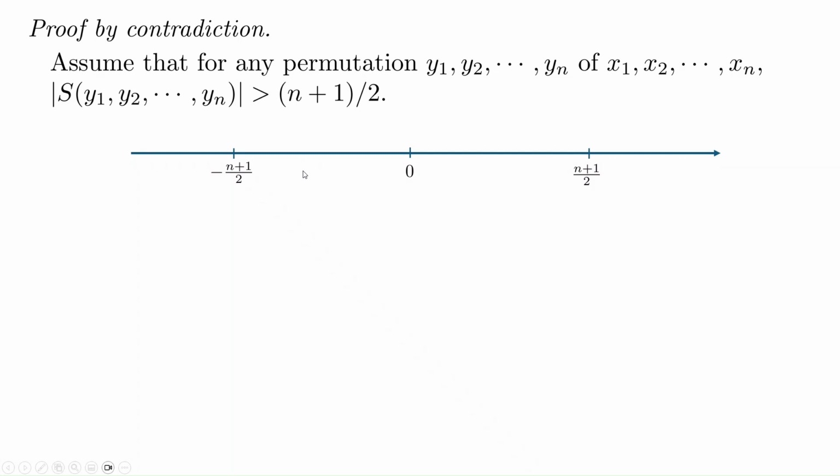Then, all these weighted sums are either strictly less than negative (n+1)/2, in the negative area, or strictly greater than positive (n+1)/2, in the positive area. There are no sums in between, a big gap with distance n plus 1.